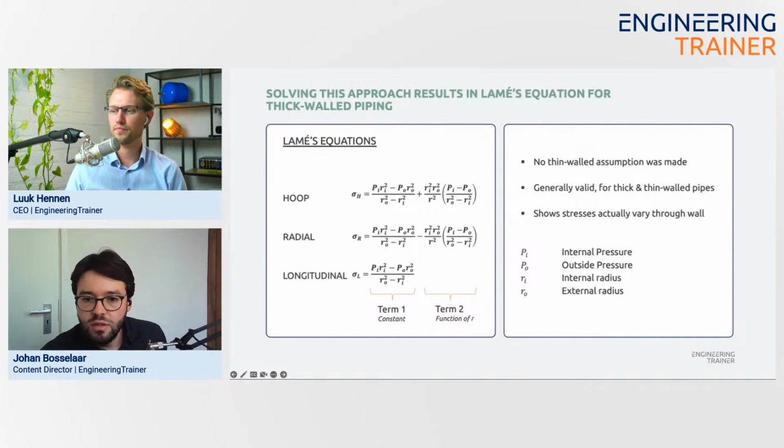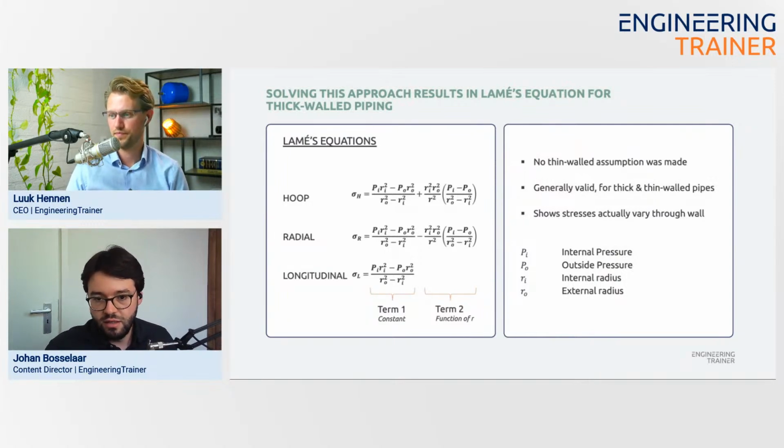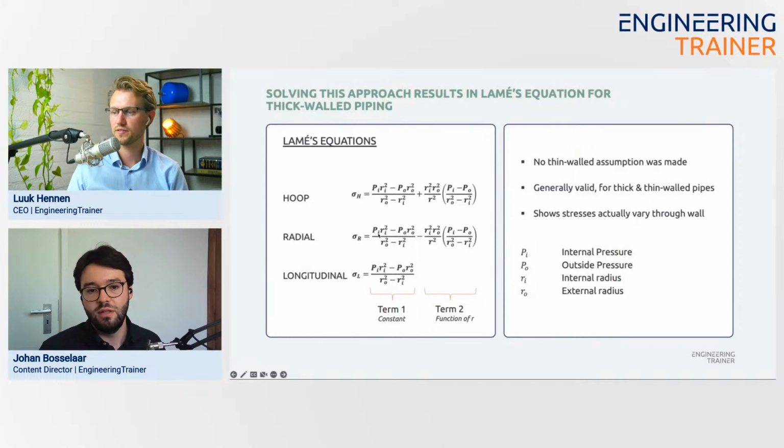No, the first term is positive when the internal pressure is higher than the external pressure. You can see that in the first term: pi, the internal pressure, times the internal radius, minus the outside pressure times the outside radius. If the internal pressure is high enough, then that term becomes positive.